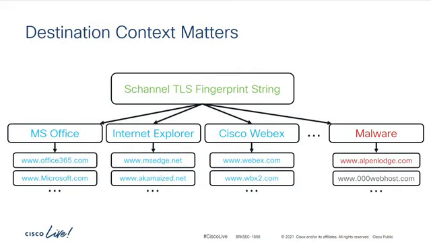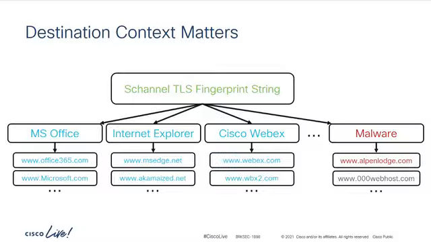To give a little more intuition around why destination context matters, this is a real example from real data. This is the S-channel TLS fingerprint string. It's one of the more popular TLS fingerprint strings. S-channel is the default library for Windows. In this example, there were hundreds of processes that map to this same fingerprint string. But by using the destination context, we're able to disambiguate the set of processes and differentiate things like Microsoft Office using this fingerprint string versus malware.